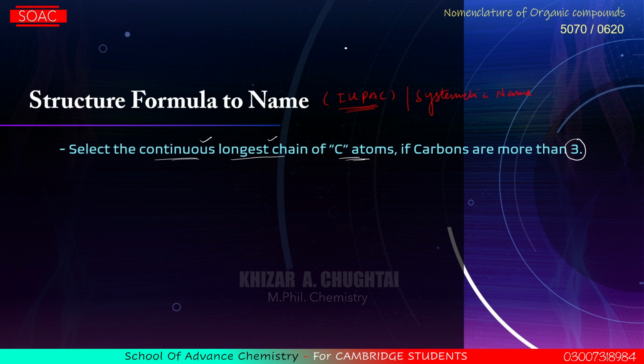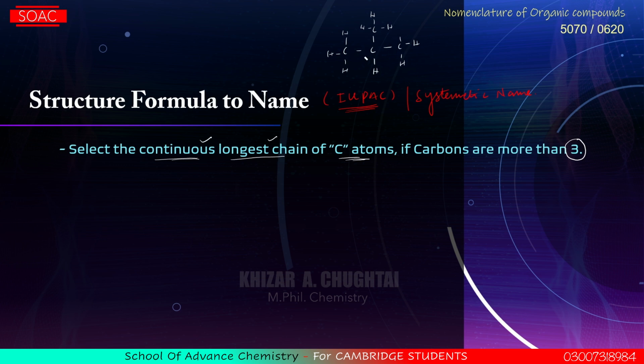For example, I'm going to write a structure formula over here like that. You can see that this molecule has more than 3 carbon atoms, 1, 2, 3, 4 carbon atoms overall.